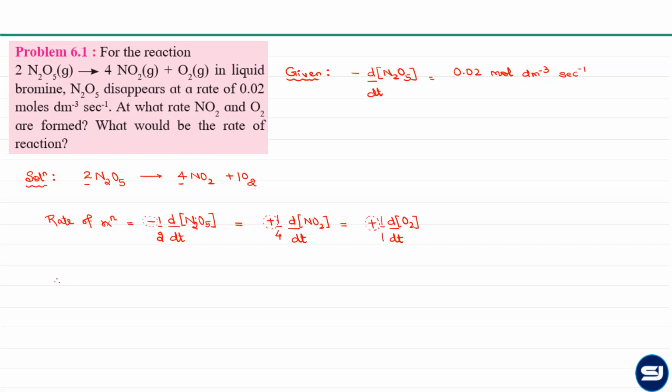So now equating N2O5 with NO2, the rate of formation of NO2, which is d[NO2] by dt, would be equal to minus 1 by 2 into 4 d[N2O5] by dt. I've just taken this 4 on the other side, and this will become 4 by 2 times minus d[N2O5] by dt.